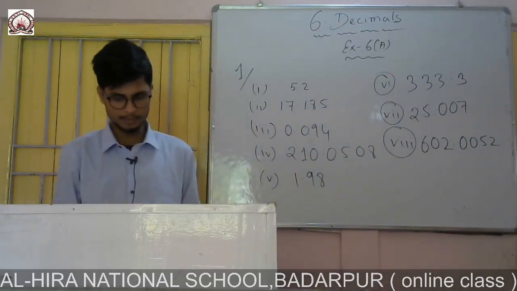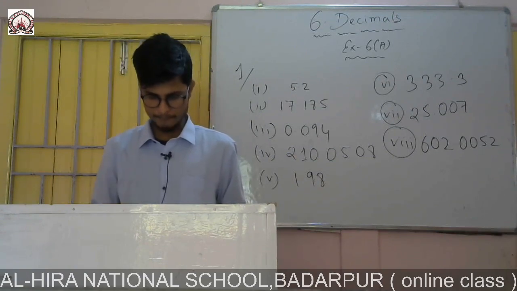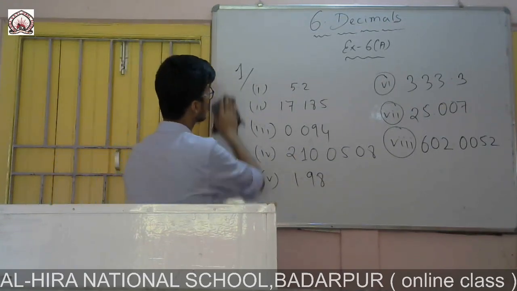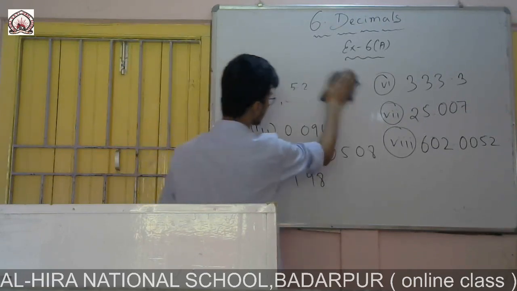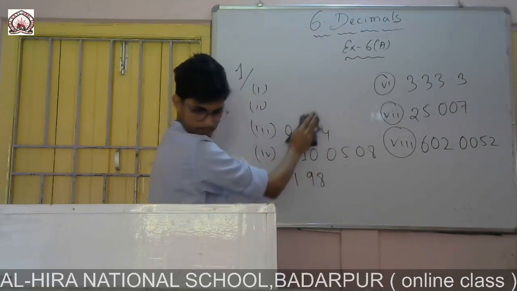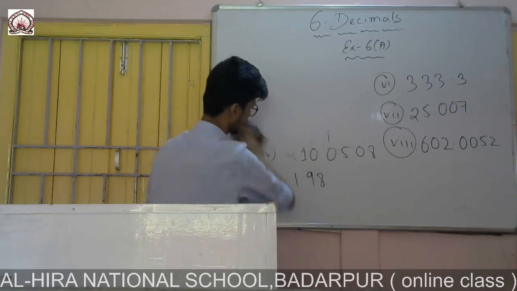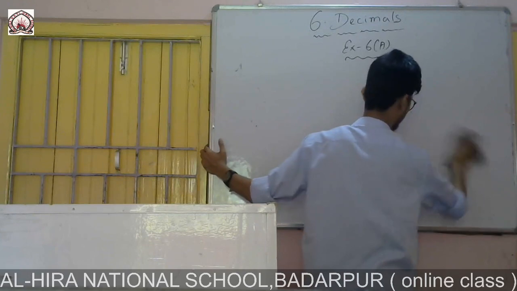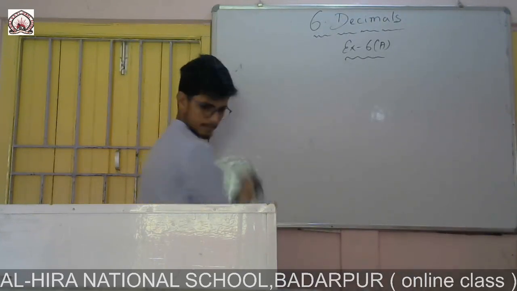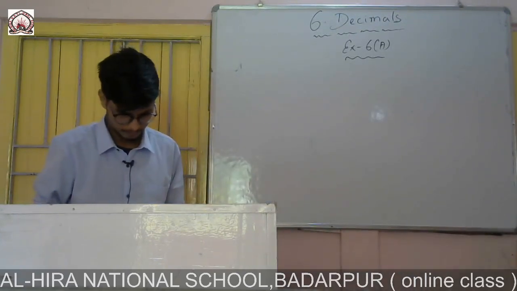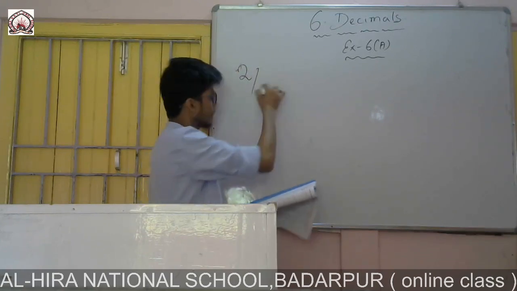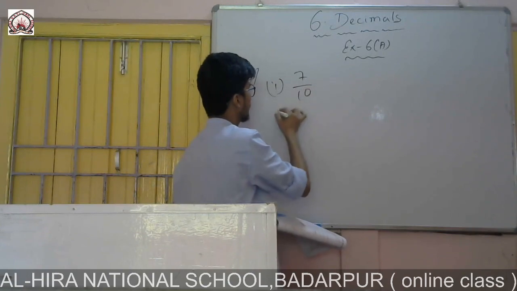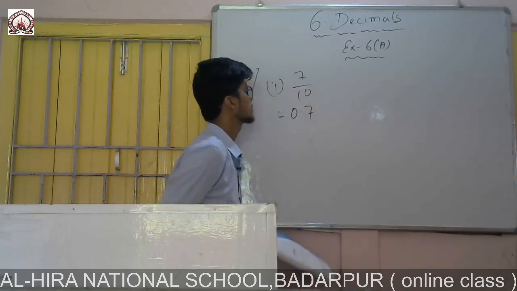Okay, now question number 2. Write a decimal number for each of the following. Roman number 1, it is 7 by 10. I can write it as 0.7.